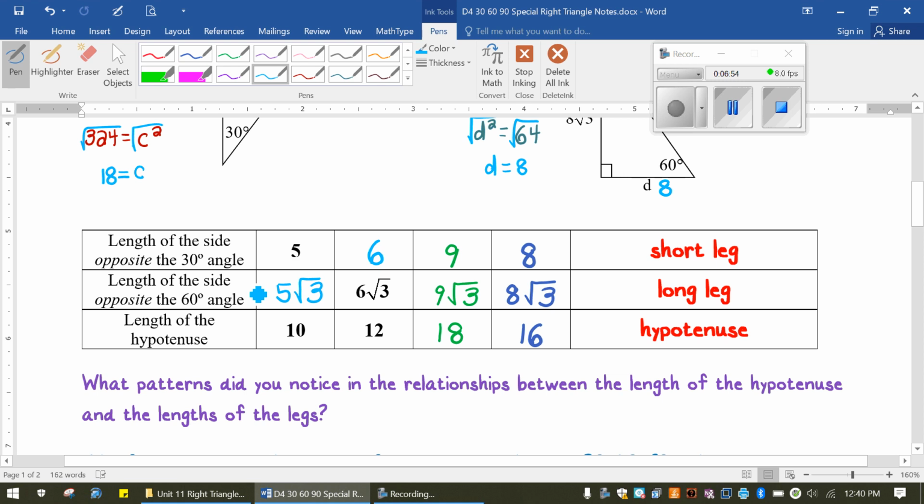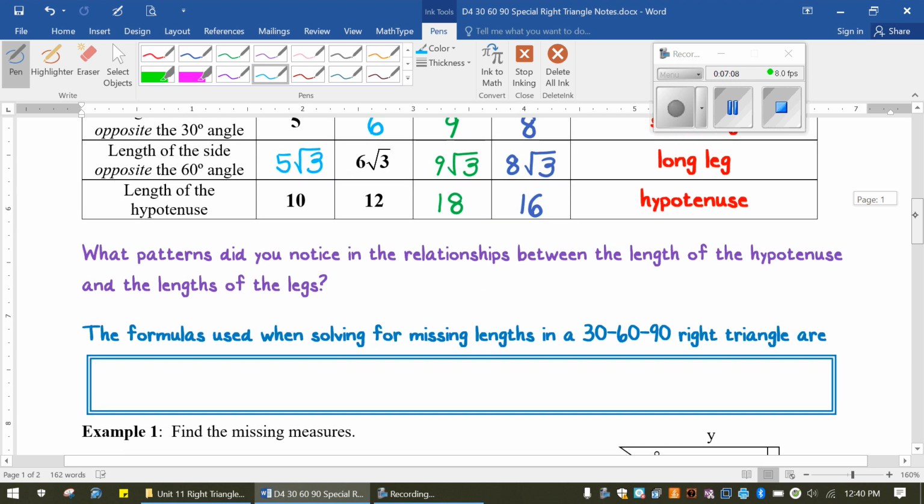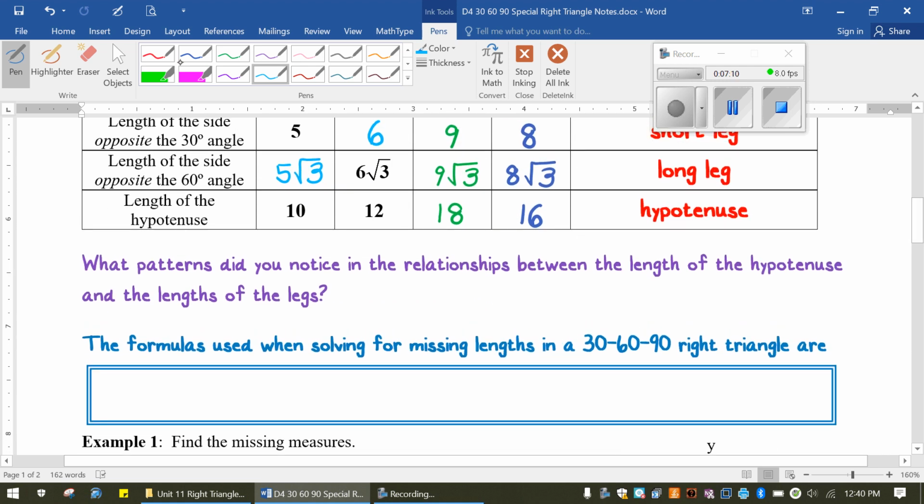So 5 times 2 is 10, 6 times 2 is 12, 9 times 2 is 18, and 8 times 2 is 16. So that's one of the two formulas that we're going to use when we're trying to find missing side lengths. The hypotenuse in a 30, 60, 90 right triangle is equal to 2 times the short leg.